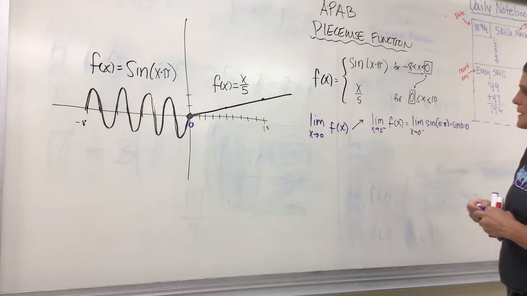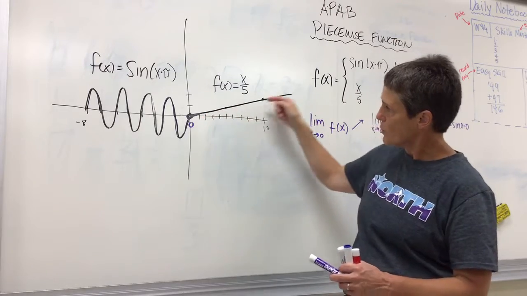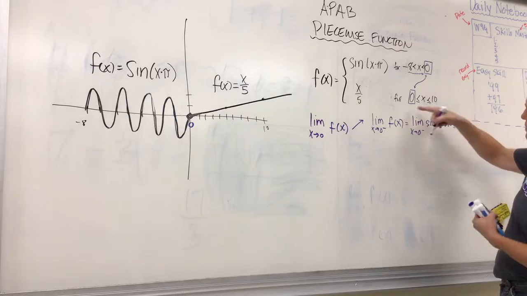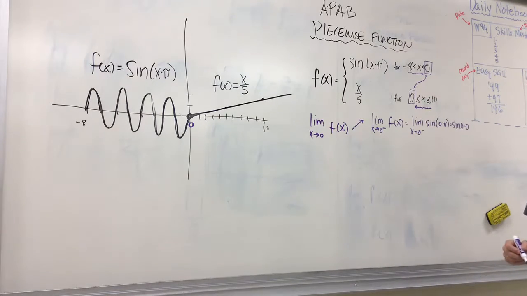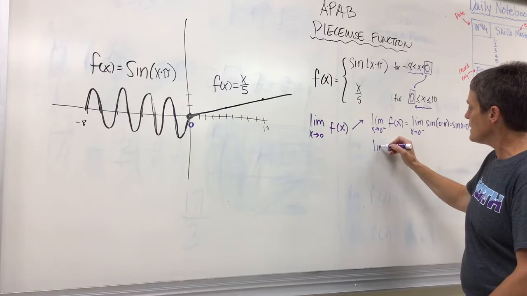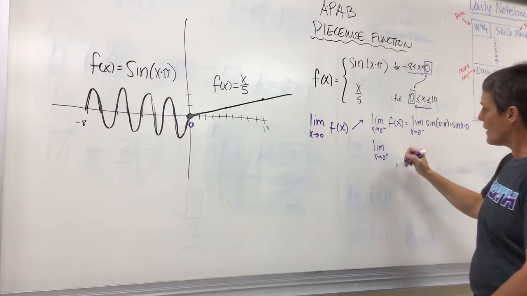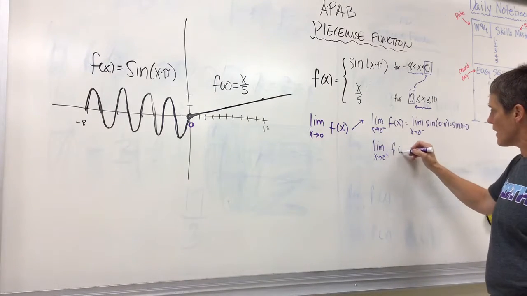My right-hand limit means I'm coming to this location from the right, or the bigger values. So algebraically, we're going towards 0 from the bigger values. So that's the limit as x approaches 0 from the positive side of f of x.